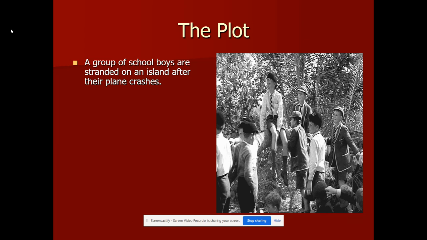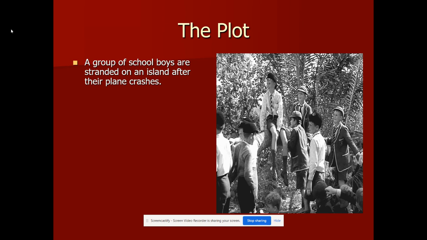We don't know how their plane crashed, but presumably this is a group of schoolboys from London that was evacuated, which was a common occurrence. Children were evacuated to safer places in Europe. Again, it's not clear why they're in the Pacific. We don't see the plane crash happen, but most likely the plane was shot down in some way as a result of being in the air during the war, and it has crashed.